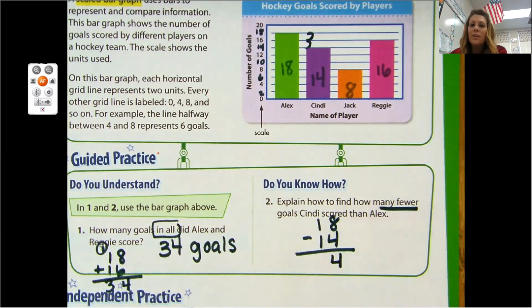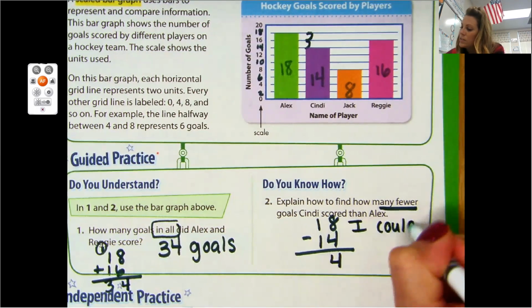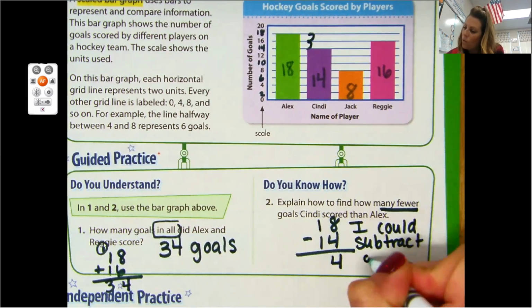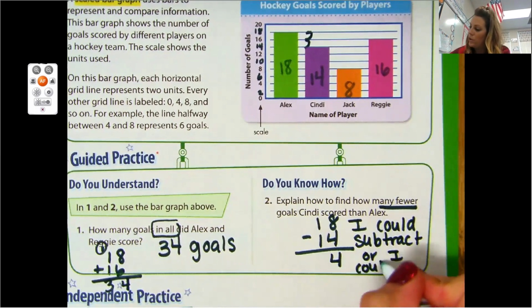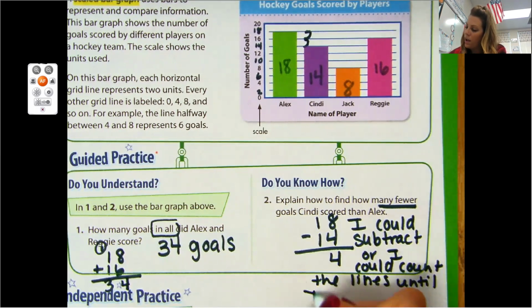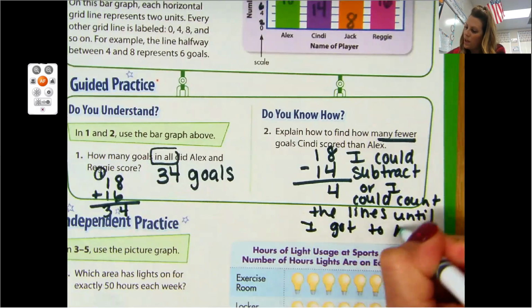So you could do it either way. I could subtract, or I could count the lines until I got to Alex.